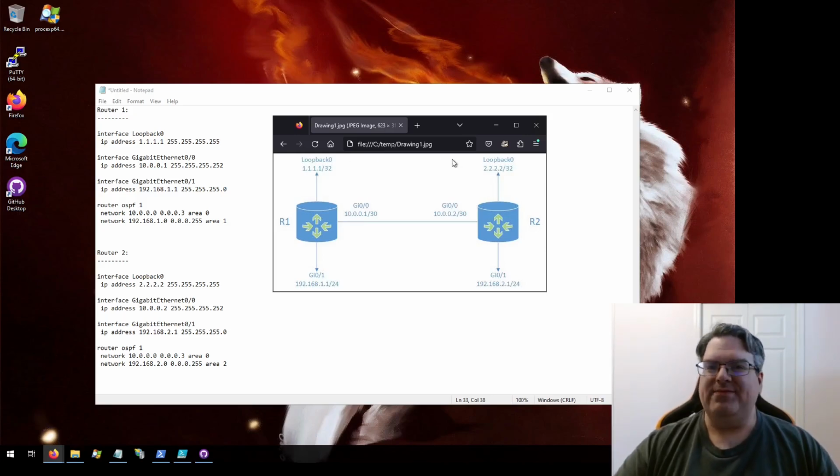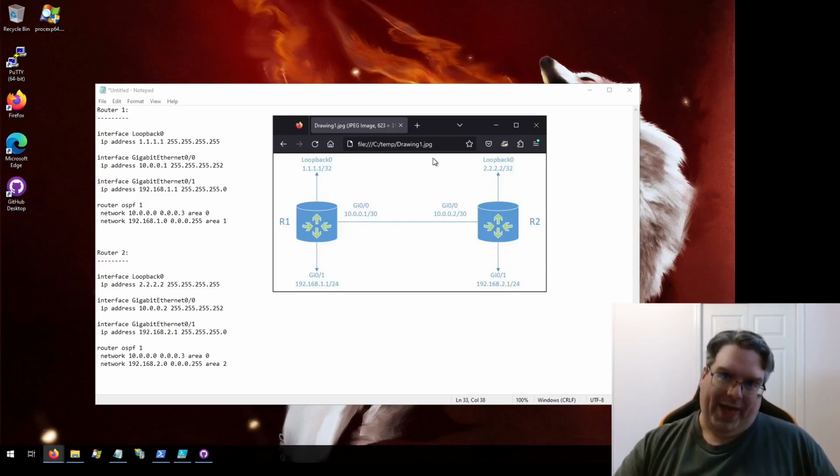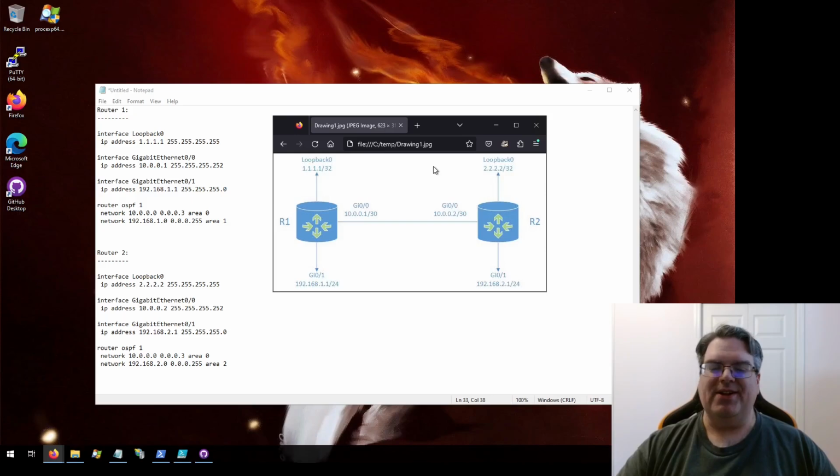So, why do we have loopback interfaces in the first place, other than providing another network interface that we can test with, essentially? Well, a lot of this has to do with the concept of a router ID.